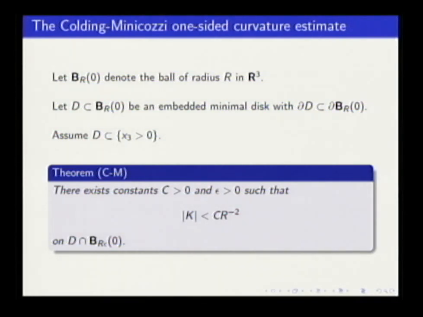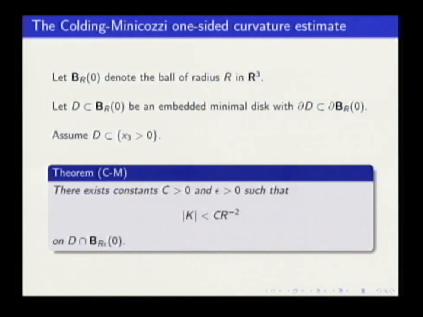right. So consider a ball of radius r. To get this into your head, if you don't already know it, let r equal 1. So you have a disk in the ball. Its boundary is on the boundary of the ball, and assume it's in the upper half ball. That's this statement.